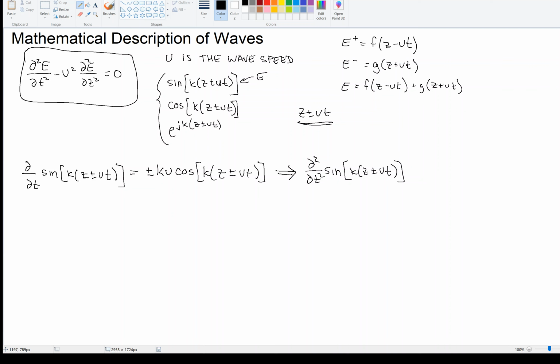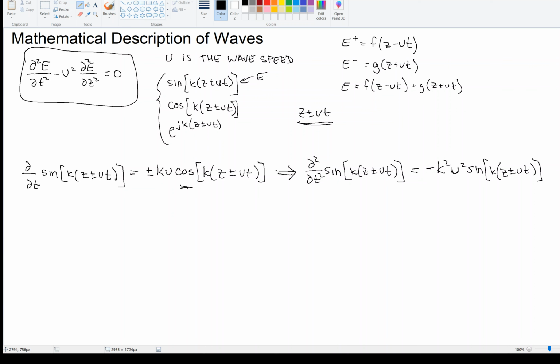But then when you take the derivative of cosine, that makes a minus sign. So now when you take the second derivative of this thing, there's no doubt about it, this is a minus k squared, because the k comes out in front again, and u squared, because the u comes out in front again. And then this becomes again sine k, z plus or minus ut, like that.